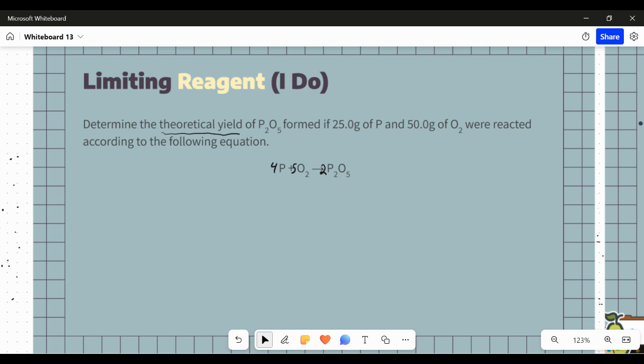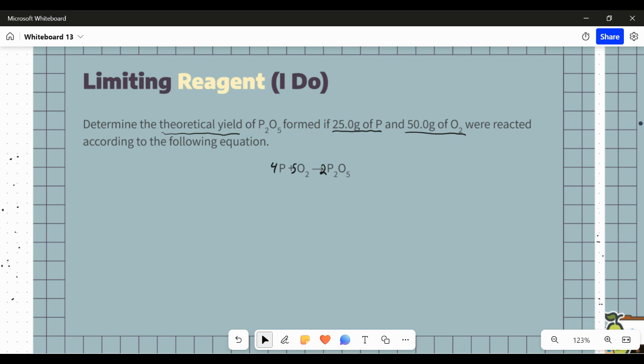So I want to find the limiting reagent first because that's how I figure out my theoretical yield. To do that, I'm going to convert both 25 grams of phosphorus and 50 grams of O2 into moles of the same product. That will allow me to compare these amounts in the same unit, so I can more easily identify which one is limiting.